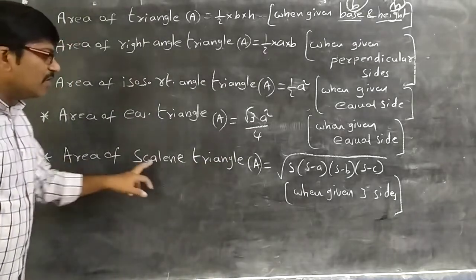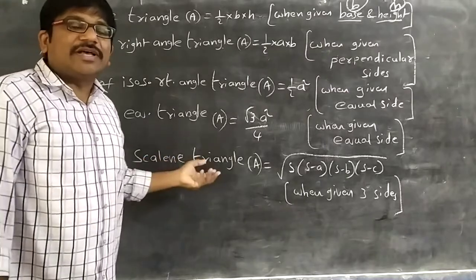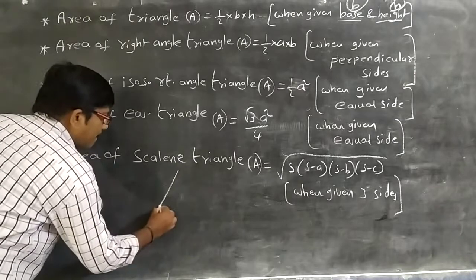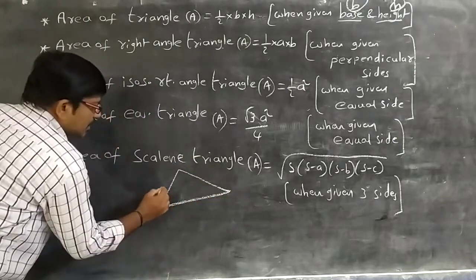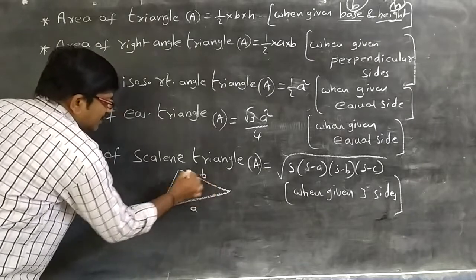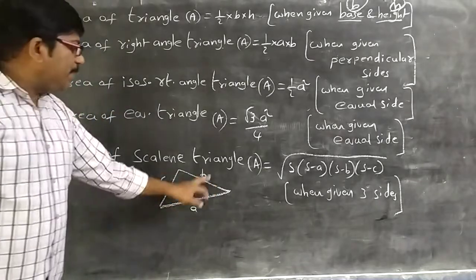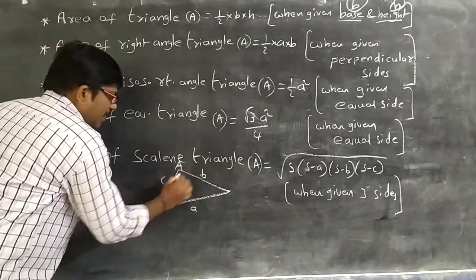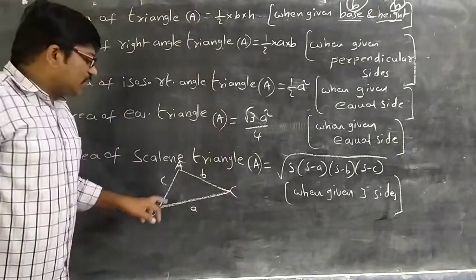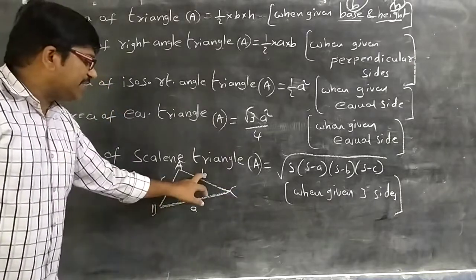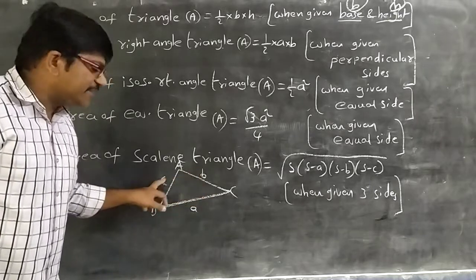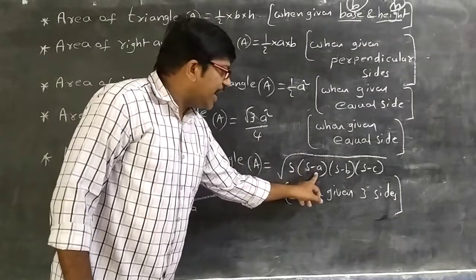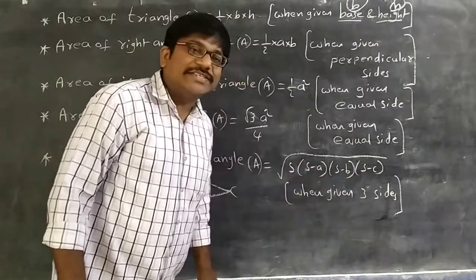Next, area of scalene triangle. Scalene means no two sides are equal, right? So like this. Suppose this is A, this is B, this is C, right? So in triangle ABC, A, B, C are different sides. So when given three sides, A units, B units, C units, what is its area? Square root of S into S minus A into S minus B into S minus C, right?